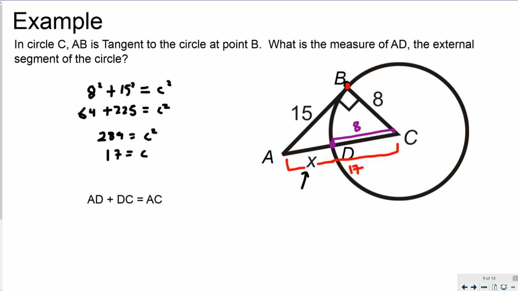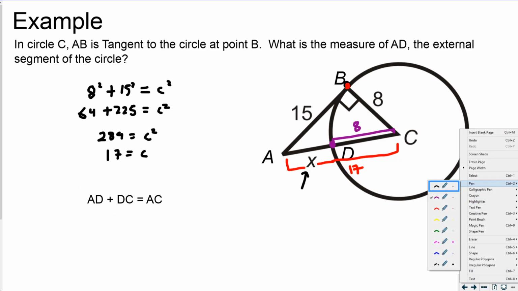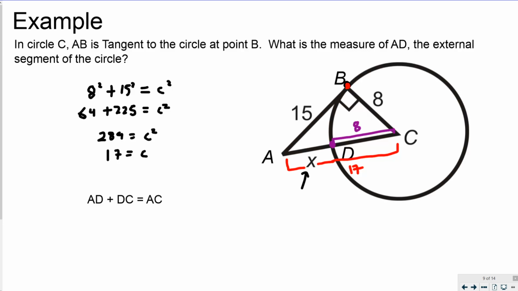So if I reverse that and think about it like this, x plus 8, because that's the length of DC, equals 17, I can figure out that x here equals 9. So the length of the external segment here, using tangent and Pythagorean theorem properties and a little bit of logic, states that AD, the external segment, must be equal to 9.